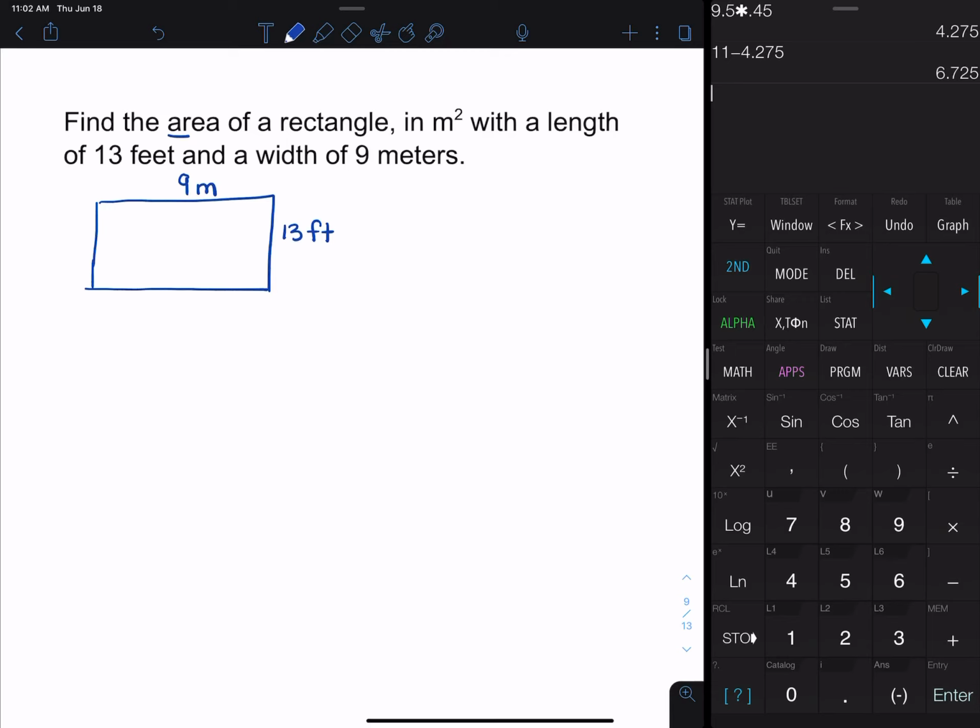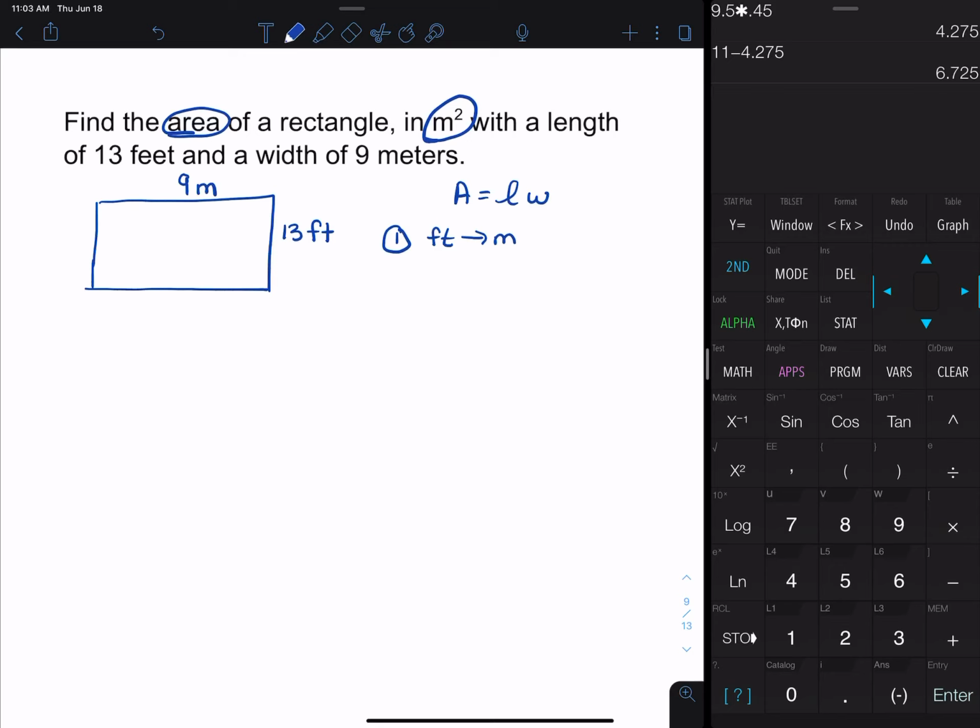They're telling me to find the area, so I know area is length times width, and that I want that answer in meters squared. So the first step that I'm going to do, just like before, is get all the same units. So I'm going to get the feet into meters.